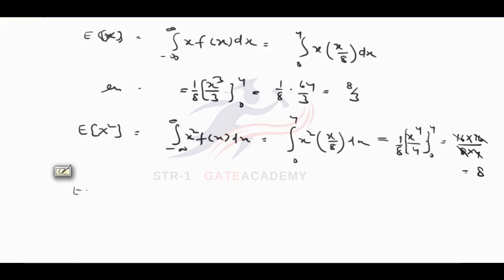For variance, we can use this idea: m2 and m1. m2 minus m1 whole square: 8 minus 8 by 3 whole square. Just reverse the value: 64 minus 64 divided by 9.